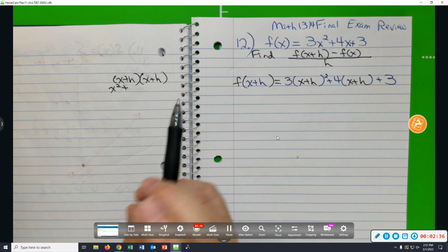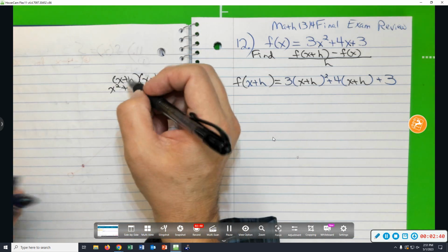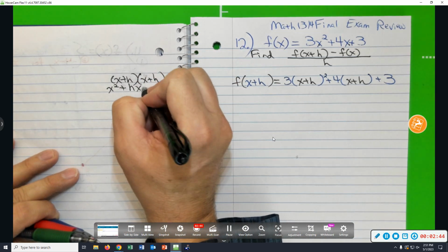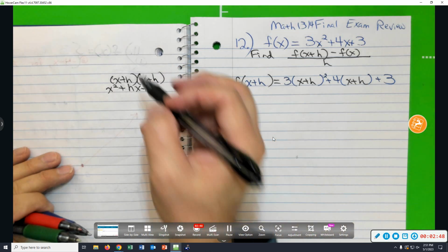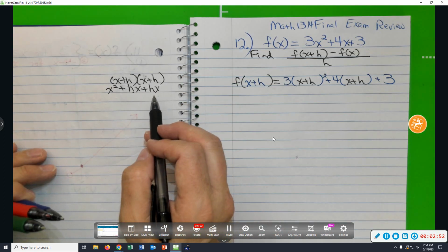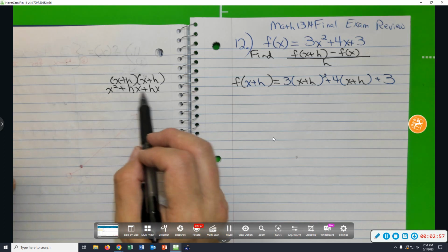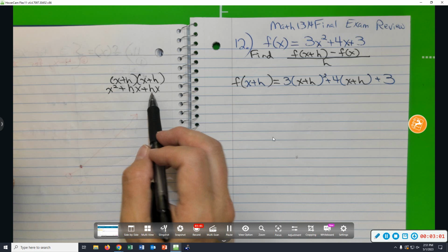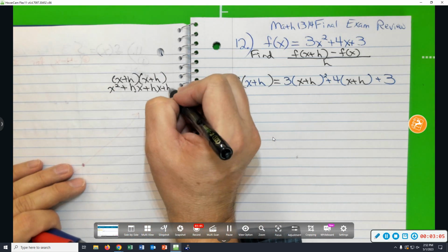If I have terms with 2 different letters in them, I write them in alphabetical order. You'll see why in a minute. X times h, I'm writing as hx plus h times x, hx. If we had left this as an xh and that as an hx, you might not have recognized them as like terms. By writing them in alphabetical order, you spot that we have 2 like terms here. What's the last term? H times h is h squared.